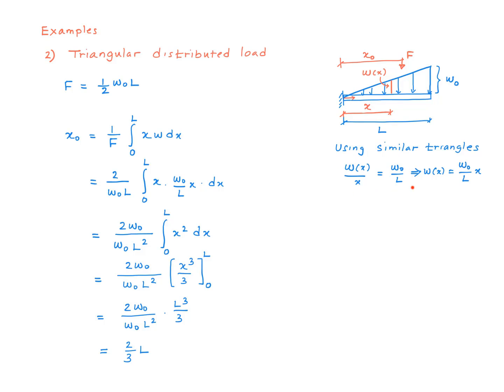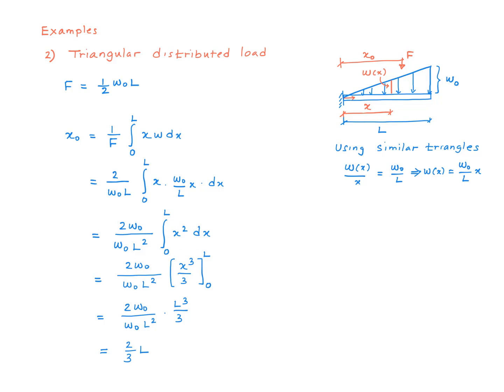Simplifying this, we get this expression for omega at any x: omega x equals omega naught over L times x. So I substitute this in here. Now we recognize that omega naught and L are constant, so they can be pulled out of the integral. So that's what I have done over here.